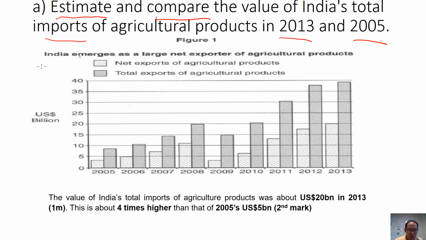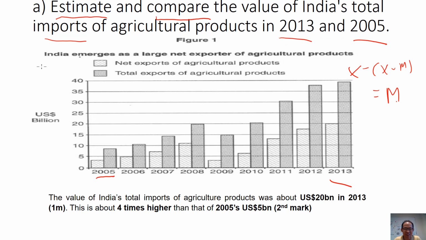So we look at the figure, this is 2005, this is 2013. So to fulfill the first command word, I have to give an estimation of the import. As I said to you, x minus m, you m. That's the beautiful thing of a bracket: minus times minus is plus.